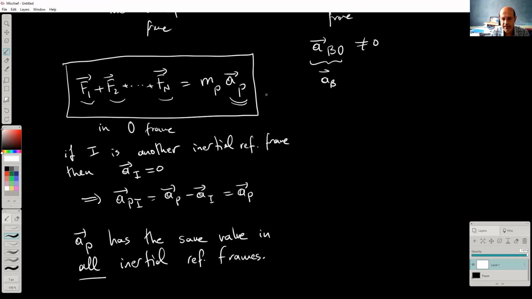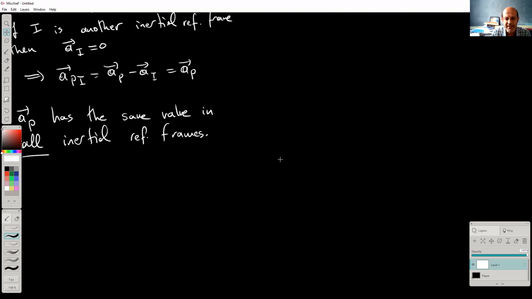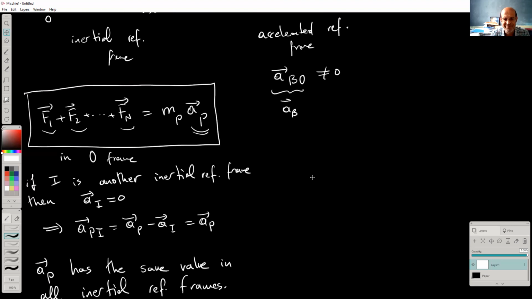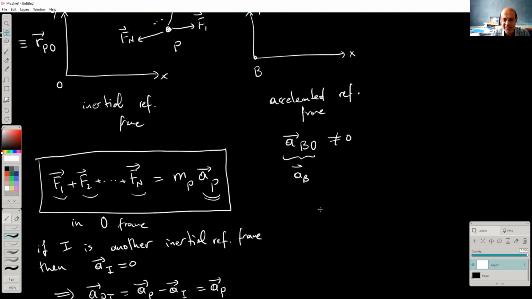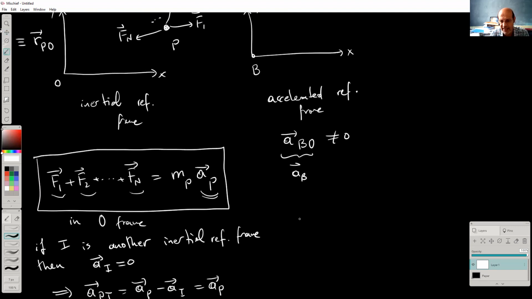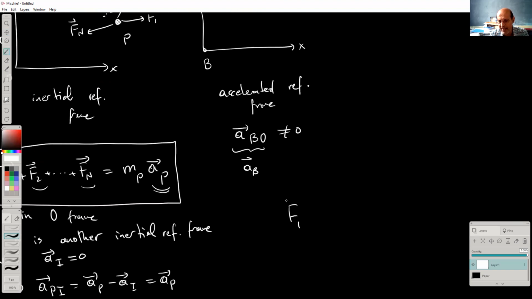And so as a result, let me just draw this thing again. Okay. So let me pass to the accelerated reference frame now. So this equation is still valid. So let me squeeze it in here. I can still write this thing down like that: F1 plus dot, dot, dot, Fn is equal to mass times the acceleration of P. That's still true.